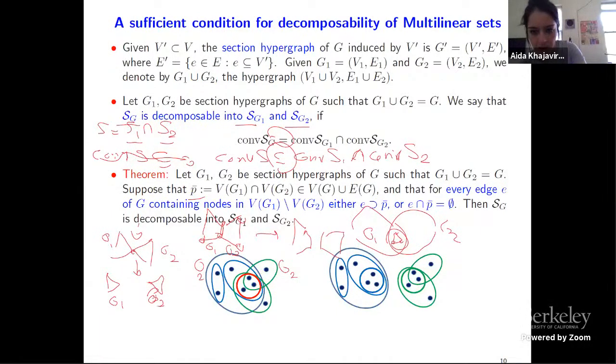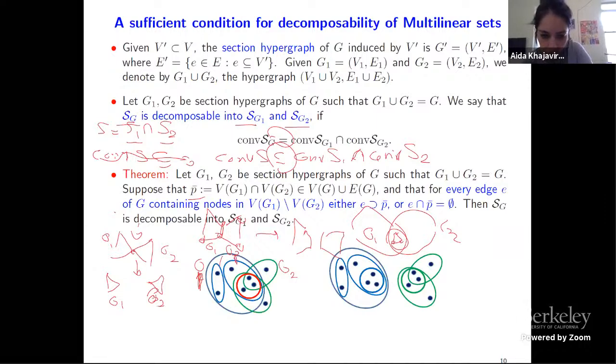It's the second assumption that is more important, the one that I've written in blue. If I look at G1, every edge in G1 that has nodes not in G2 either should contain the red edge, like this one, or should not intersect with it. So for example, I cannot have an edge that looks like this.